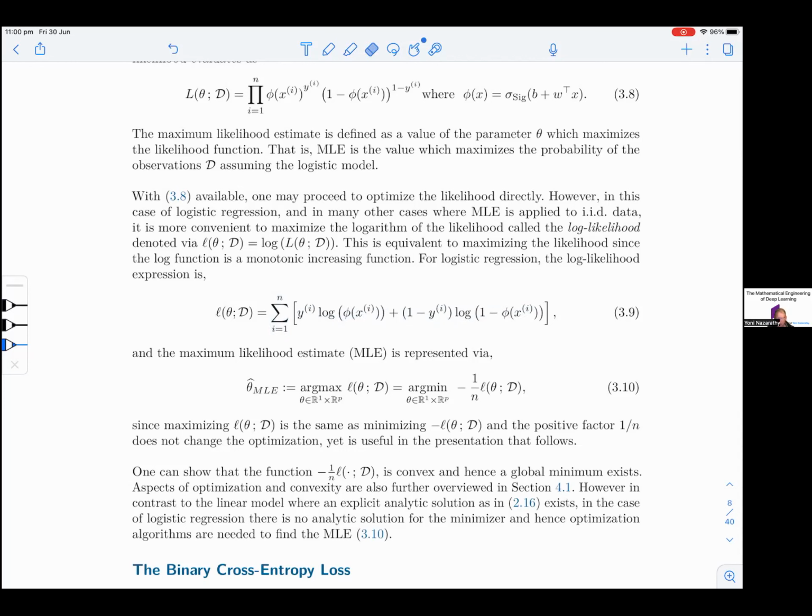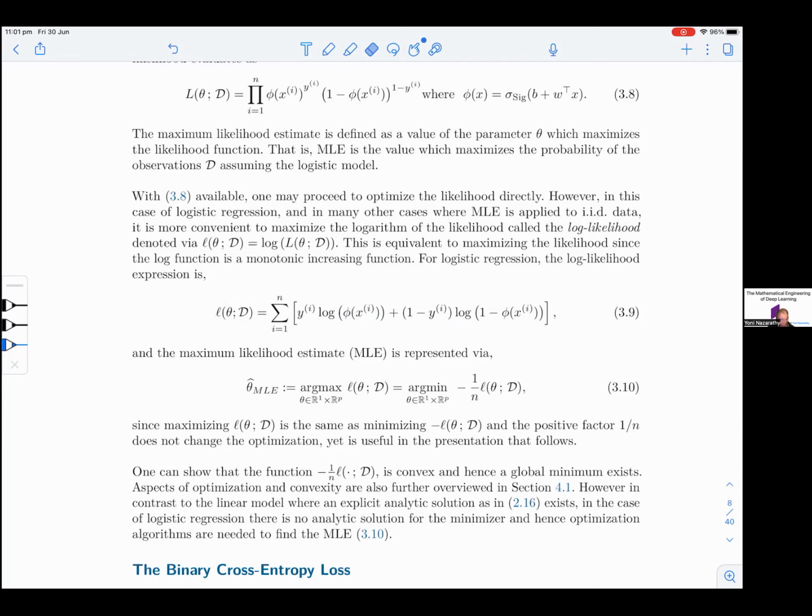And the maximum likelihood estimate, MLE, is represented via the argmax over this thing, where theta is an element of R^1 times R^p. We could have just done R^(p+1), but we specifically do this because this is for the b and this is for the w. Just a way of writing it.